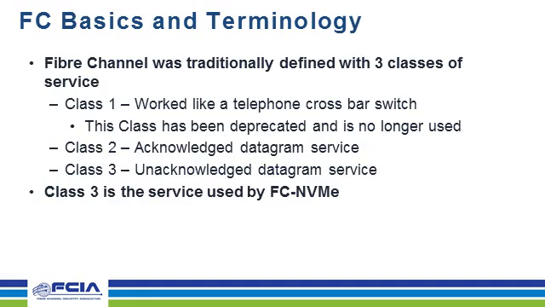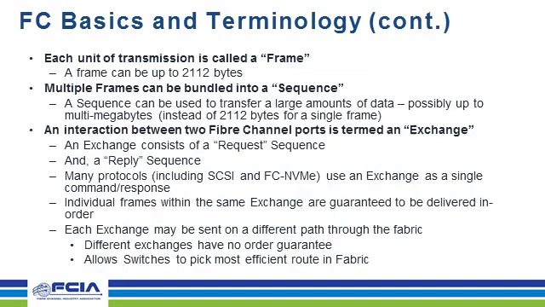Some basics in terminology. There are 3 defined classes for Fibre Channel traffic delivery, but Class 1 has been deprecated and is no longer in use. And Class 3, the unacknowledged datagram service, is the one that is most commonly used and is what is used by FC-NVMe. Each unit of transmission in Fibre Channel is called a frame.